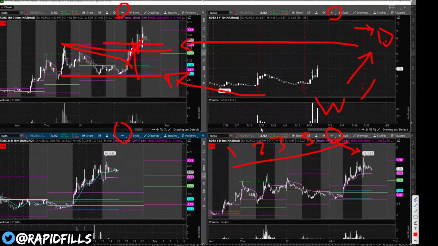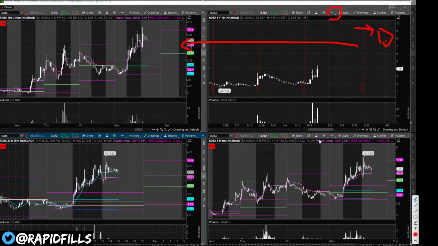You never know. This is how I use my charts. On the daily, this puts the stock on my watch list, and then this is where the pattern gets together. This is my setup, and this is how I time my entries on small time frames.